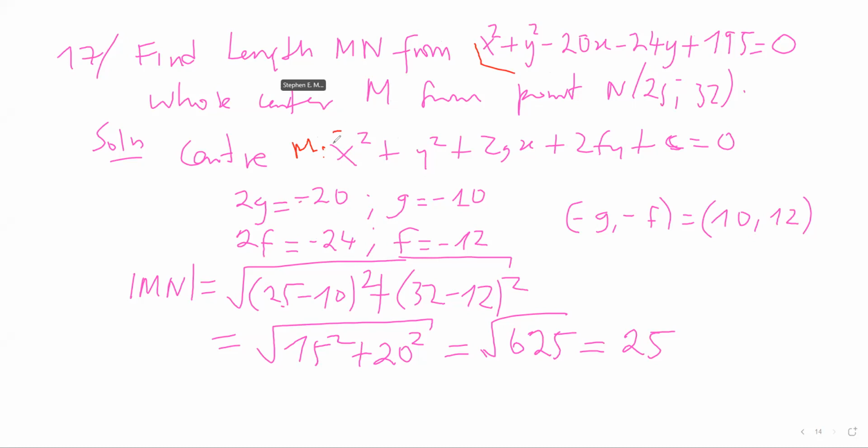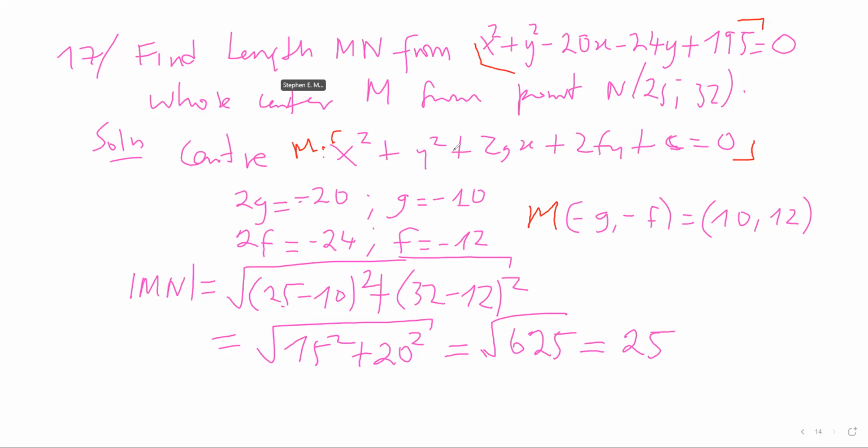So we write the equation of the circle and then we just compare it. And then we see that the center M is given by (10, 12), if you compare this equation to the general equation.